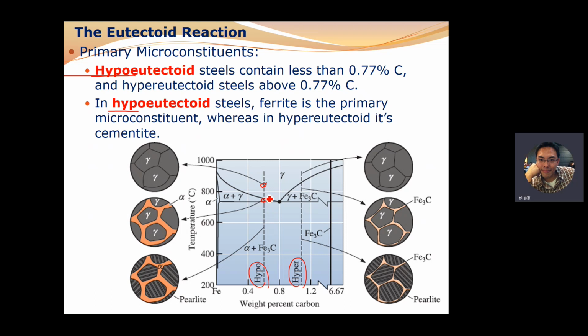phase region, consisting of two solid phases, alpha and gamma, ferrite and austenite. If we keep cooling, this alpha phase will transform to pearlite, a lamella structure.